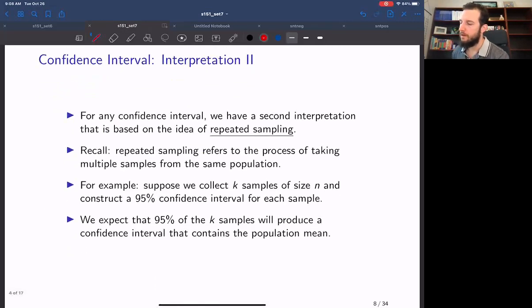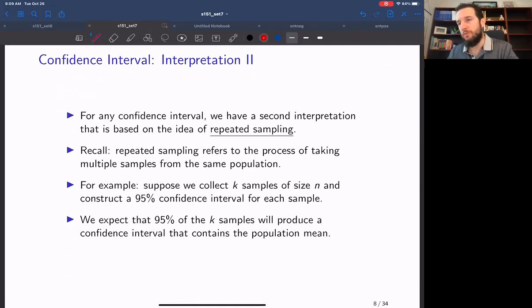All right, so why is this the case? Well, first, recall that for any population, we can collect as many samples as we want. So for any infinite size population, we can sample over and over and over again. So we can continue to collect as many samples as we want for a given problem. There is always the possibility that some number of those samples are bad samples. So they're misinformative samples, which would mean that the confidence interval that's built from that sample might not actually contain the true mean.